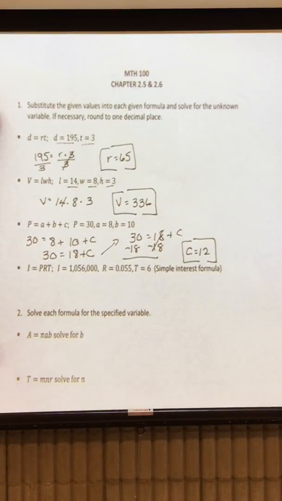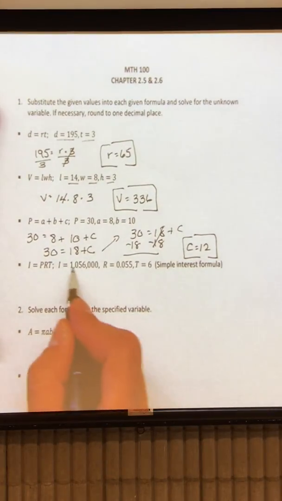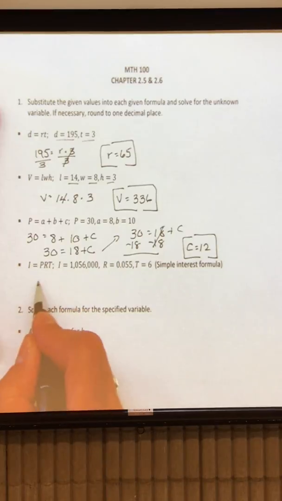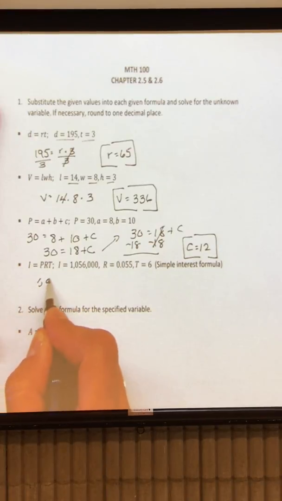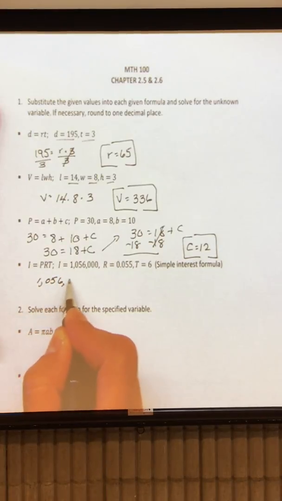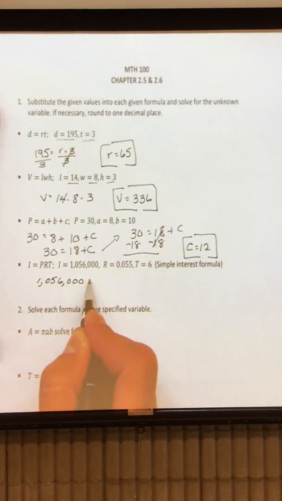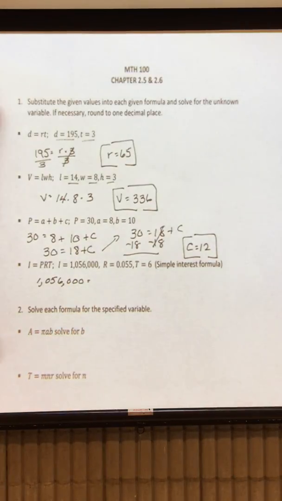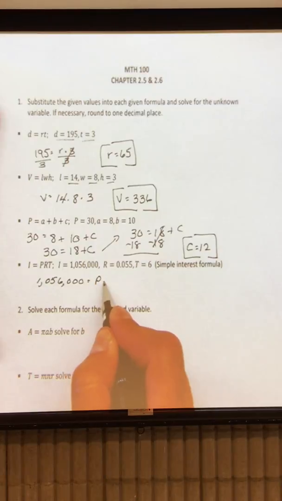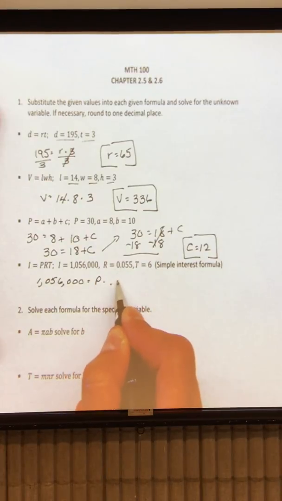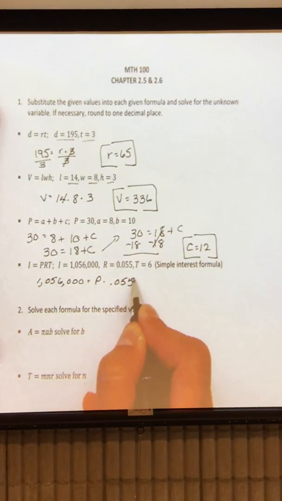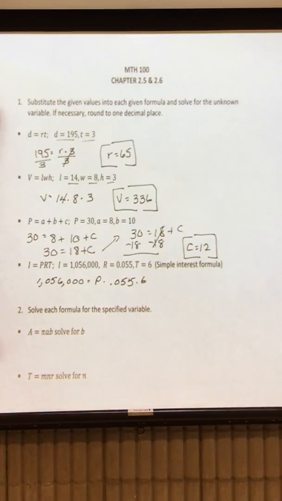And the last one of problem 1, I is 1 million, so let's substitute the 1 million into I. 1,056,000 is equal to P, which is our unknown, times R, which is our rate, 0.055, times T, which is 6.